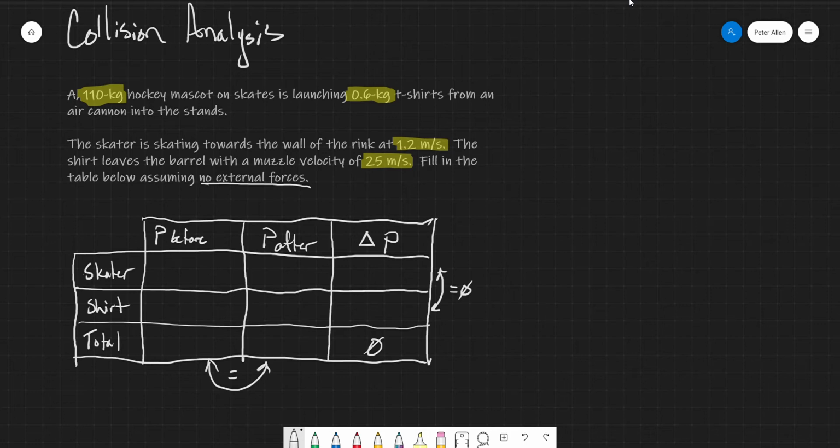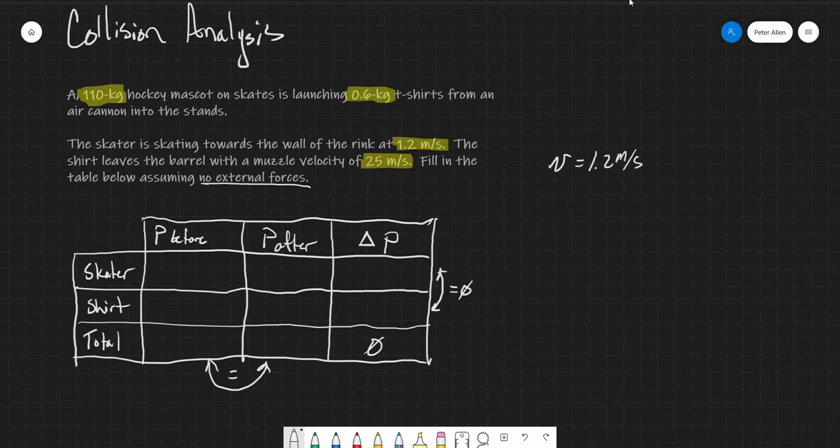So let's start our process. The first thing we need to do is find our total momentum of everything beforehand, or find our individual momentums and add them together. I think in this particular case it might be easier to find our total momentum of everything beforehand, because before the skater and shirt system gets launched, they're traveling at a velocity equal to 1.2 meters per second.